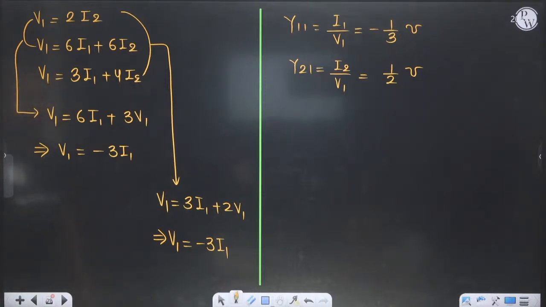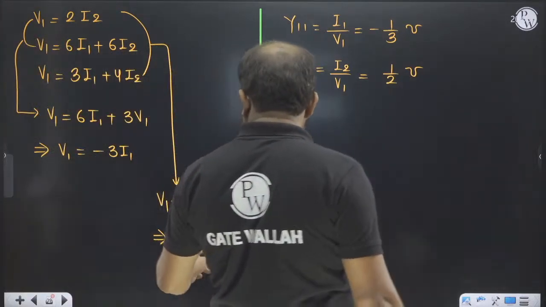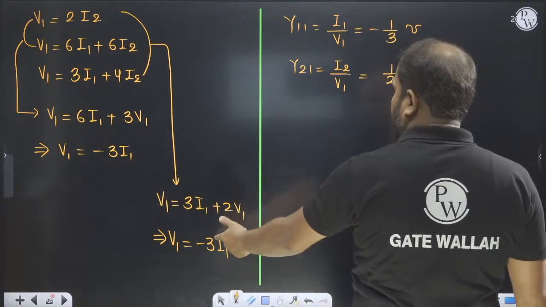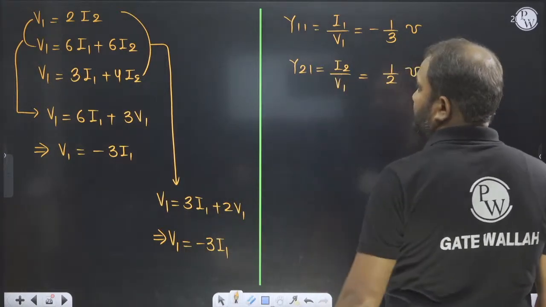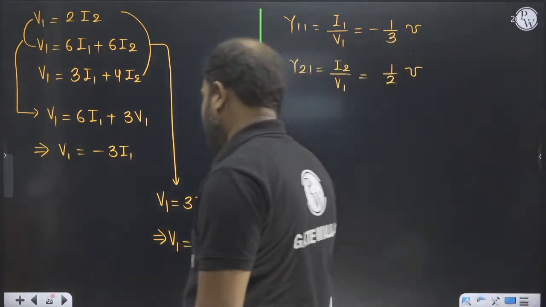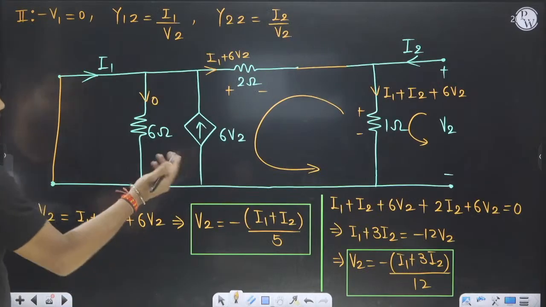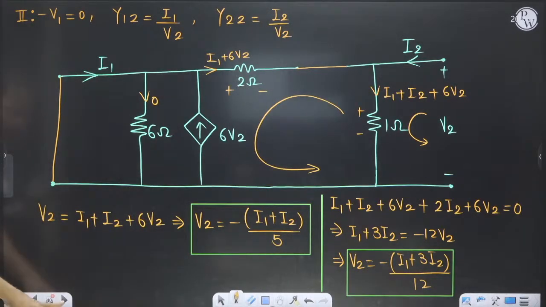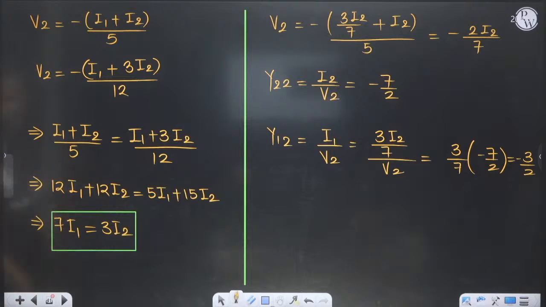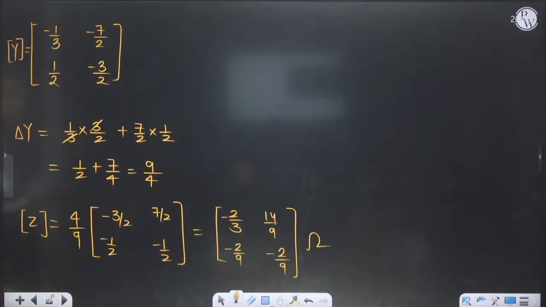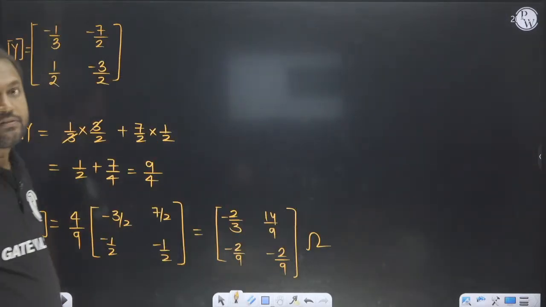So we have 4I2, 2I2, so 2V1, V1 is equal to minus 3I1, yes. So V1 by I1 is equal to, I1 by V1 is equal to minus 1 by 3, and I2 by V2 is equal to 1 by 2, yes. Then we have this equation. I think this one I have also solved correctly. Then we have calculated the Y parameter, then we have calculated the Z parameter.